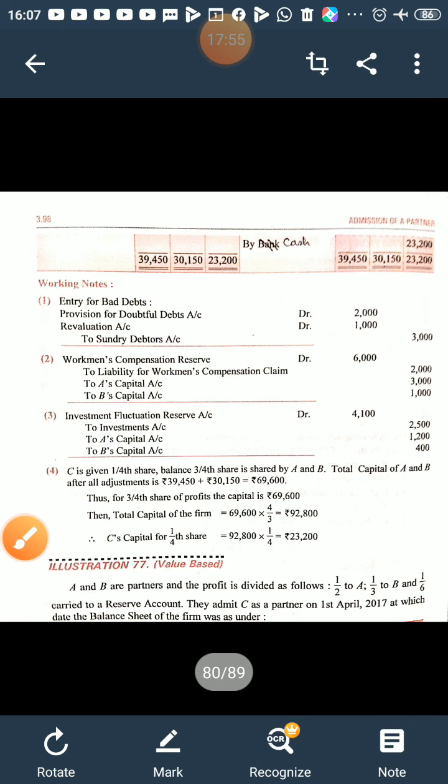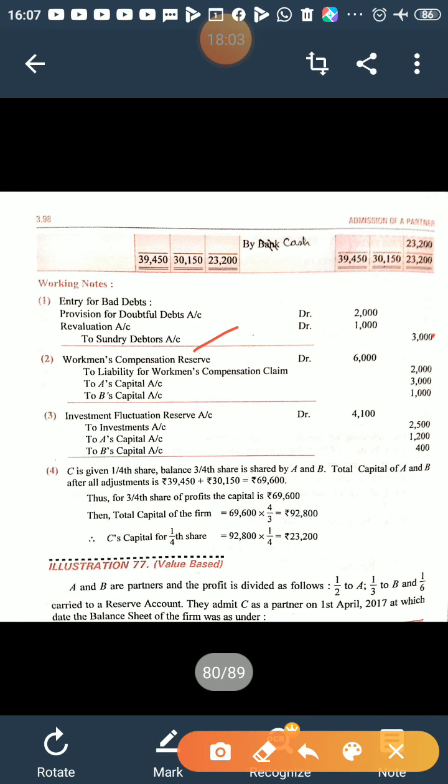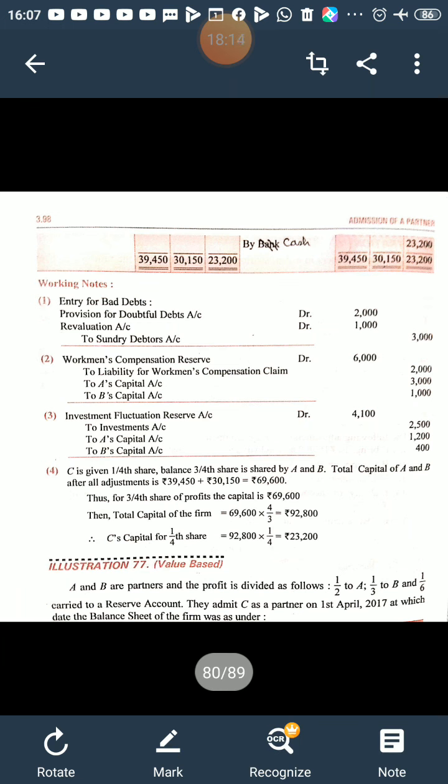You can pass it. This is the combined entry, and in the balance sheet, sundry debtors you will decrease by 3,000, and the provision is having a 2,000 balance earlier in the balance sheet. Now it becomes over because the provision for doubtful debt is debited.